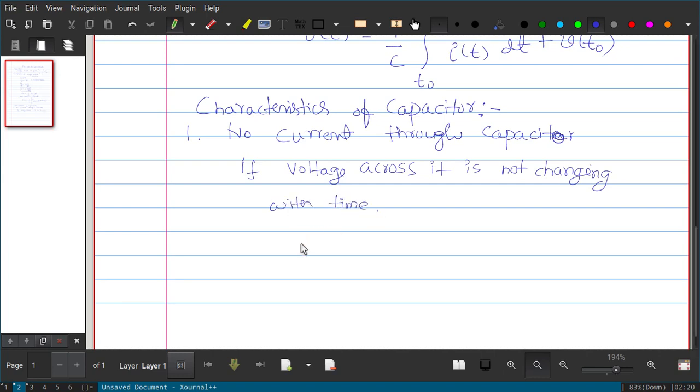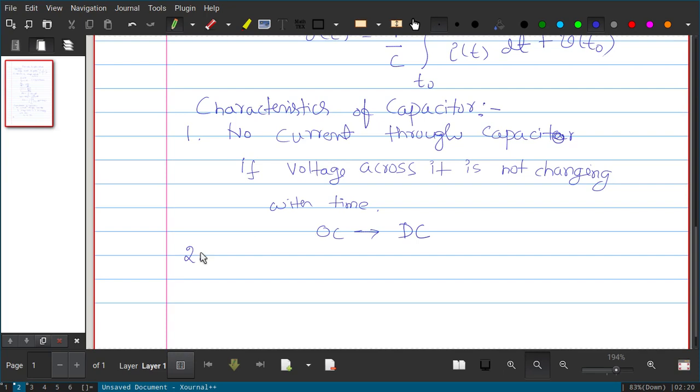So in a way we can say the capacitor acts like an open circuit for DC. DC means you are not changing the voltage with time. So if you apply a DC voltage, the capacitor acts like an open circuit. No current flows through the circuit. That is indicated by an open circuit.